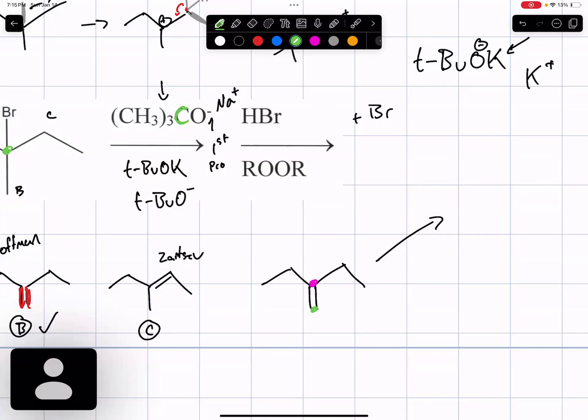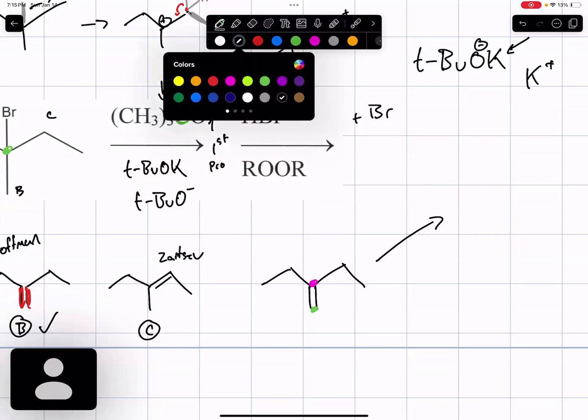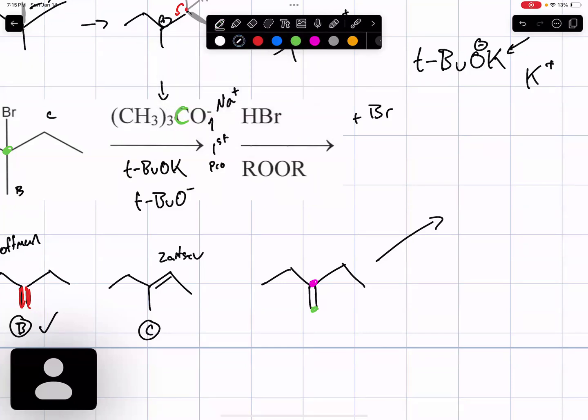Does everybody agree with him? Does anybody have a different answer? So you're saying it adds like this, right? Is that correct?